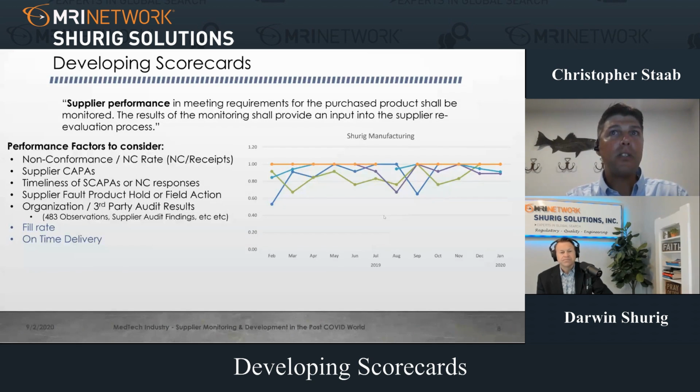And as you start developing your scorecards and start seeing trends, as with Shurig Manufacturing here, there are some dips. August, September, kids are going back to school, is the staff being affected by that? Coming back from January break, was there an issue there? You start seeing trends year over year, and as you get that data, you can start monitoring it.